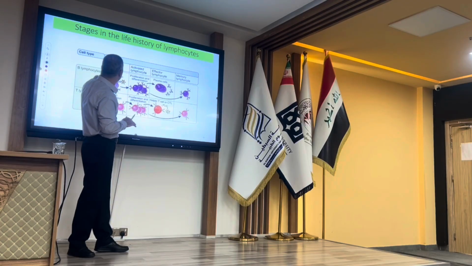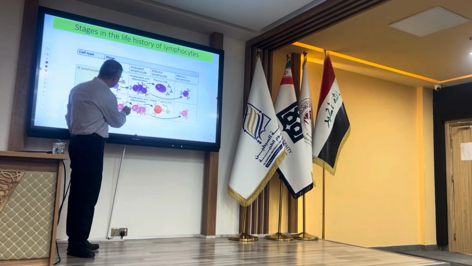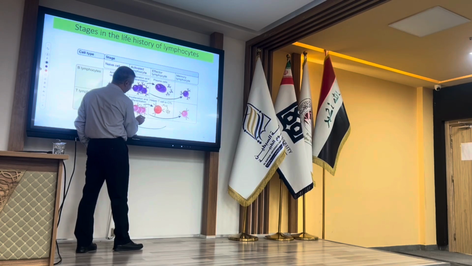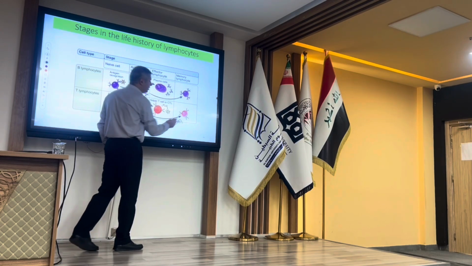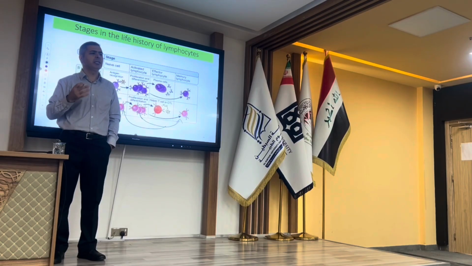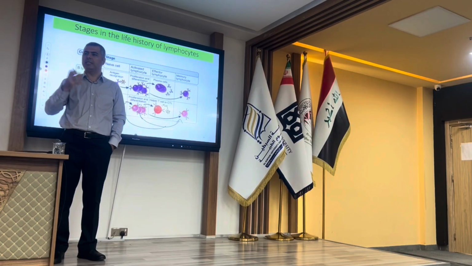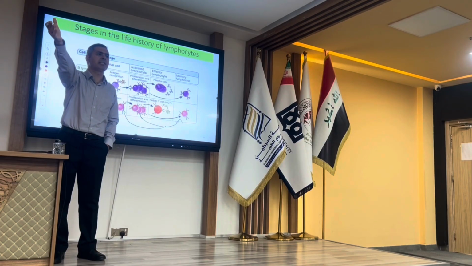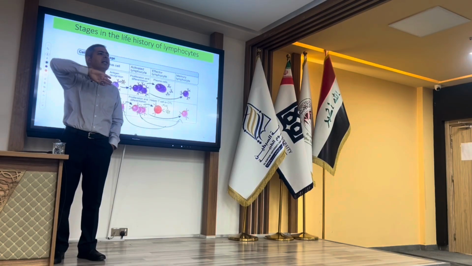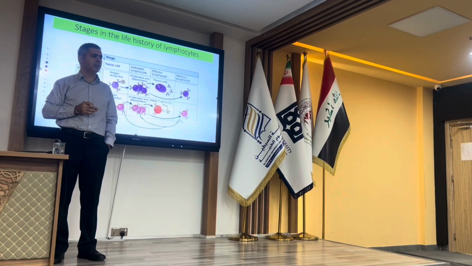And some of those activated cells will differentiate to memory cells. Memory cells, you know, can memorize the experience with the antigen, and in the next exposure, they will induce a secondary immune response, a stronger and faster immune response.